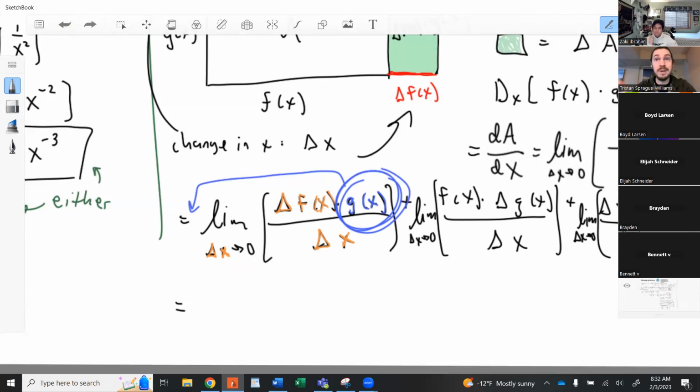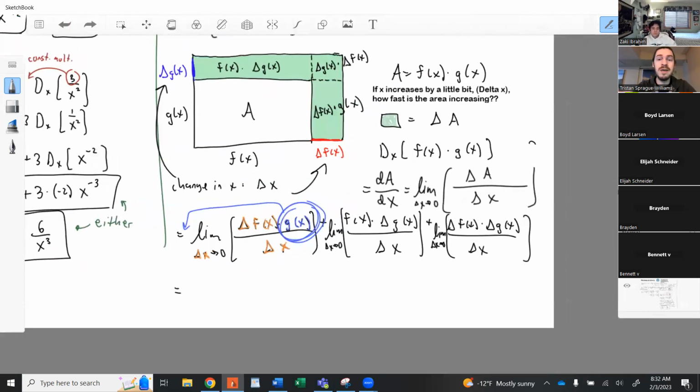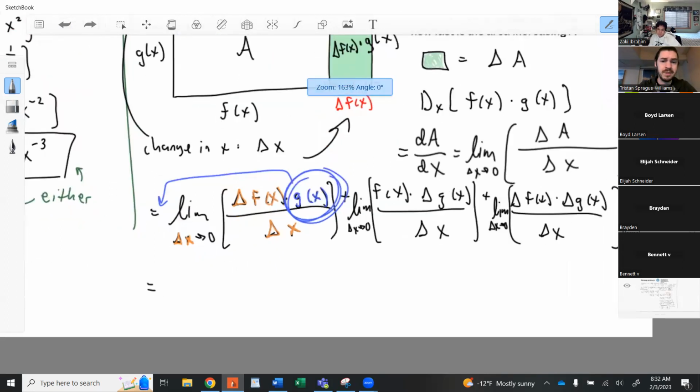This is a subtle point, but I want you guys to get it because it's really important down the line when you study multivariable calculus. I know that's a couple semesters away, but it's still important to keep track of what variables are independent of each other and what that means in the context of derivatives.